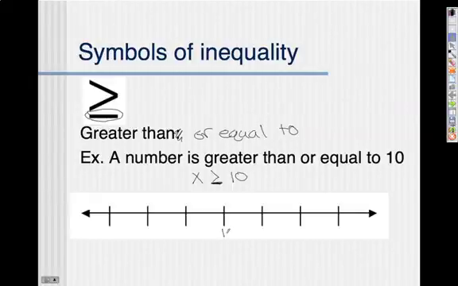Graph it the same way, 10 in the middle, numbers less than 10 to the left, numbers greater than 10 to the right. Circle at 10, extra ink down here, extra ink in here. And since it's set up with x on the left-hand side, we can go ahead and follow our arrow so that it's covering all of the numbers greater than or equal to 10.